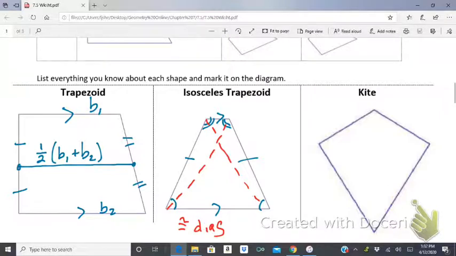Okay? And finally, the last one is a kite. And when we're dealing with a kite, we know a couple different things. Number one, the consecutive sides are congruent to each other like this. We also know that opposite angles are congruent. We also know that these are perpendicular to each other. And then finally, I know a couple different things. These are things that I'm telling you.